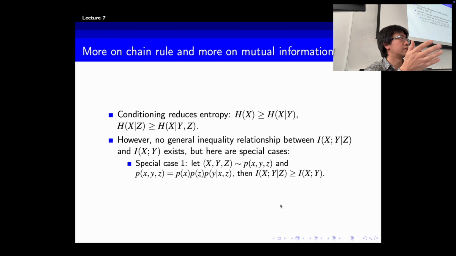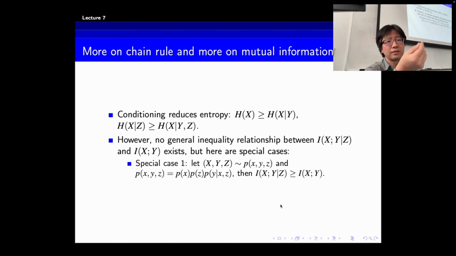The only thing that is pretty clear is conditional entropy: we know conditioning will reduce entropy, which is easy to understand. If we know something related, the uncertainty will be reduced. But for mutual information, it's not the case. Given the condition, the mutual information could either increase or decrease, depending on the scenario.